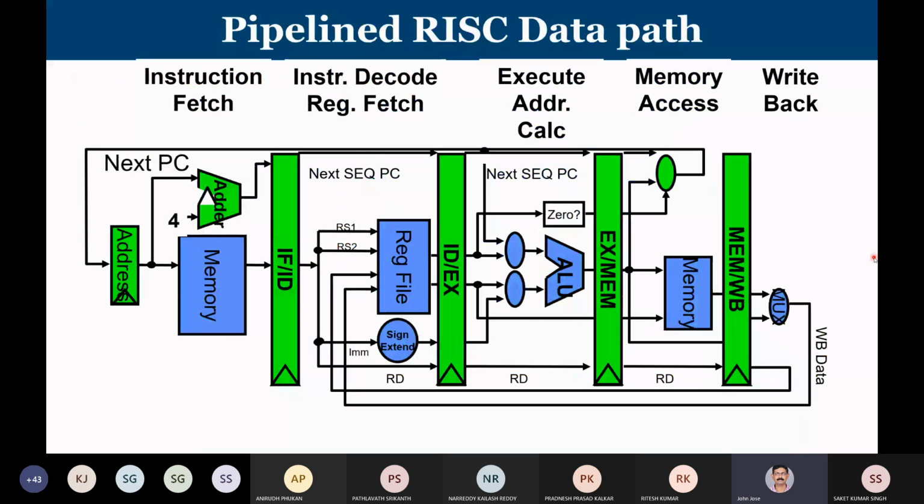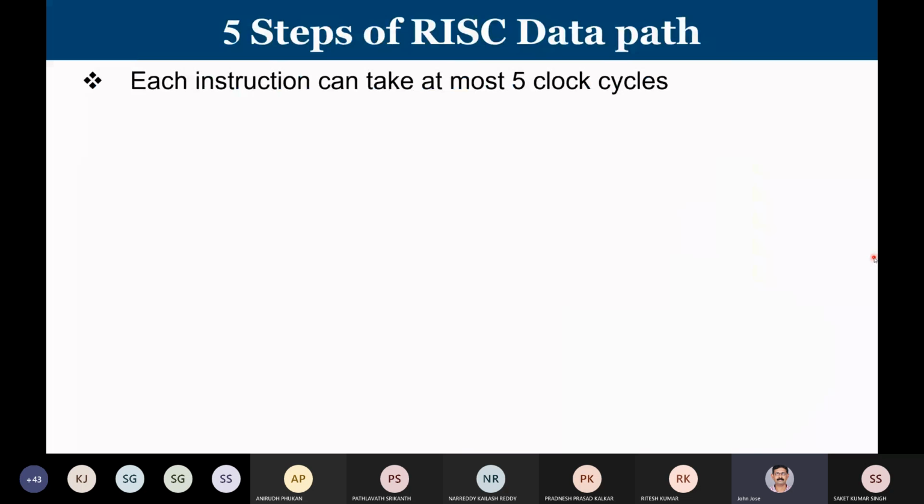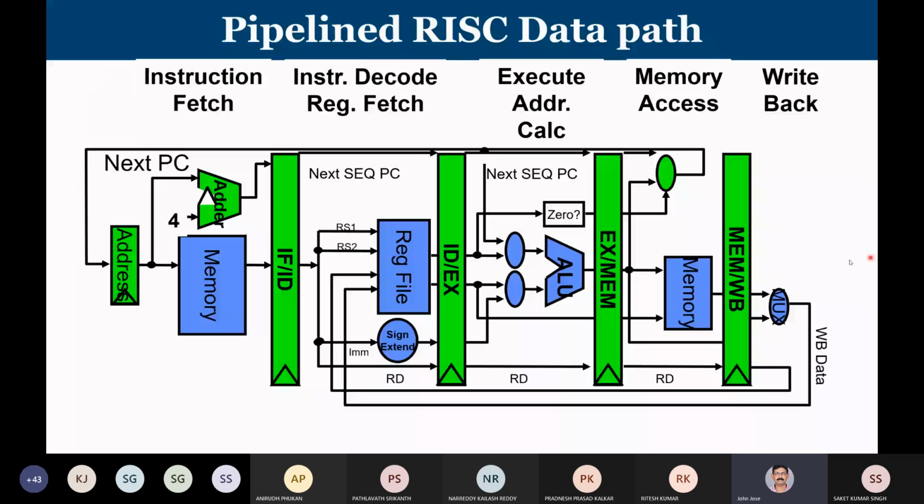Now, if you look at all the 5, you will be able to understand: instruction fetch, instruction decode, execute, memory access, and then write back. The peculiarity is each of them is carried out by independent units. So each may have its own latency, and your processor clock is given to these pipeline latches. All the latches will be triggered together, which is known as the beginning of a clock cycle.